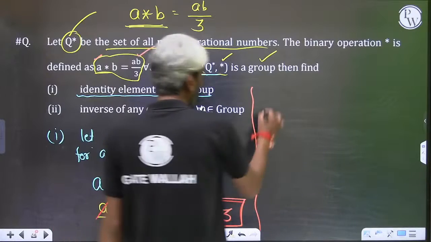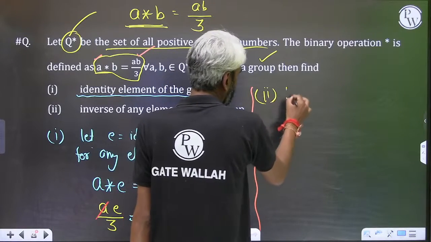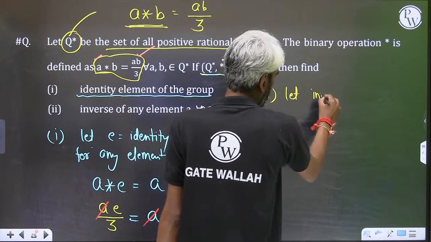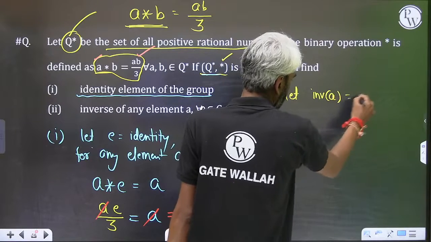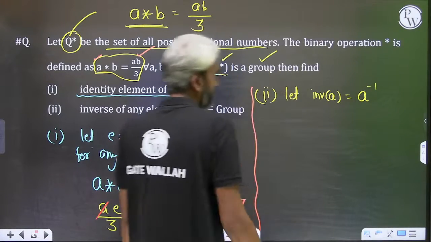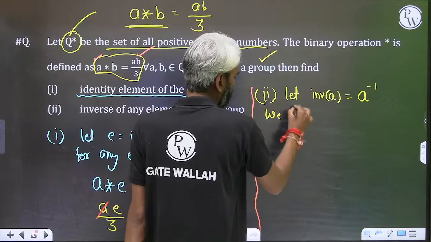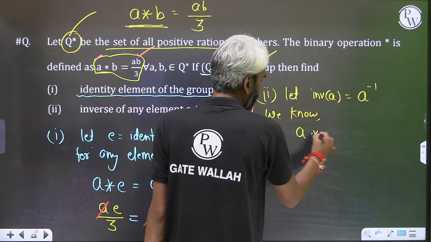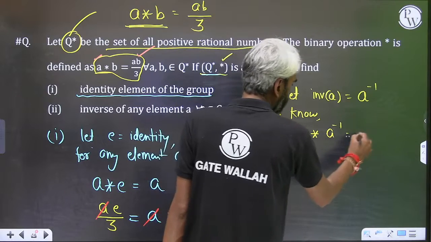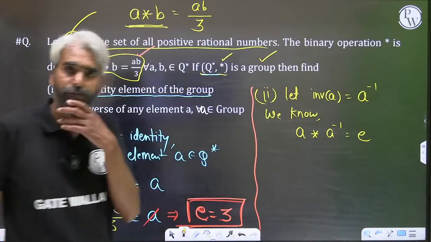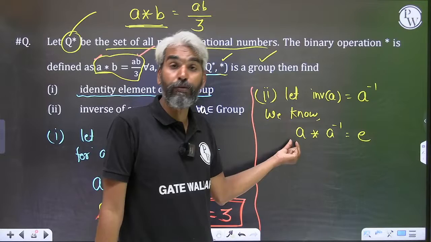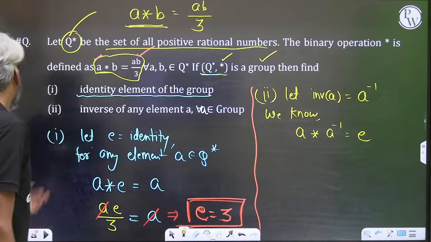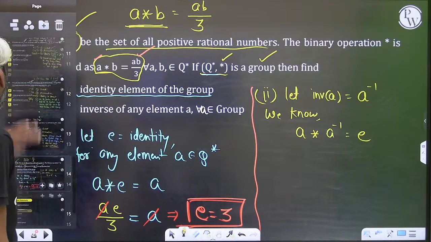Second part: let the inverse of A be A inverse. What do we know? That if we perform the binary operation of an element with its inverse, then it will be the identity element. That's what we discussed when we were defining the concept of group.